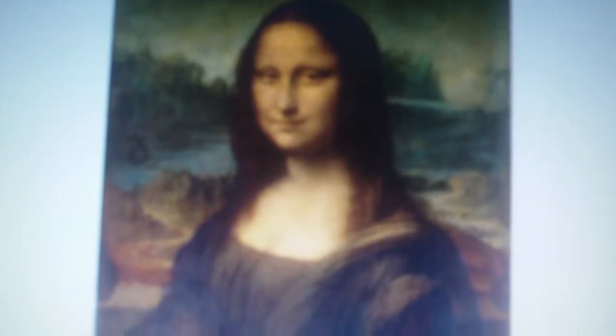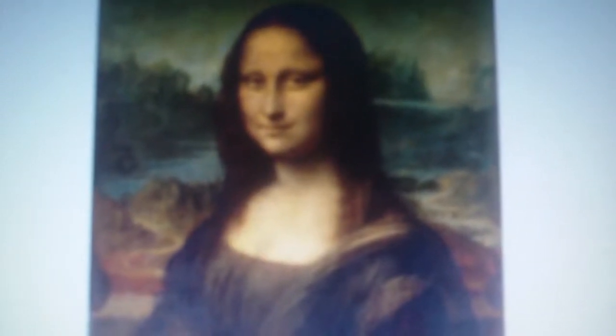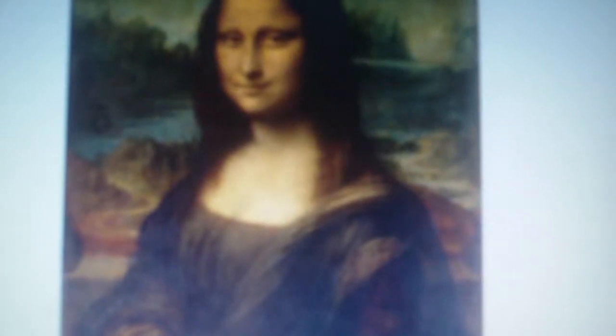Now, there is science, actual hard science encoded in the Mona Lisa, and it's only until recently, I guess, that we have a scientific study that can explain this.